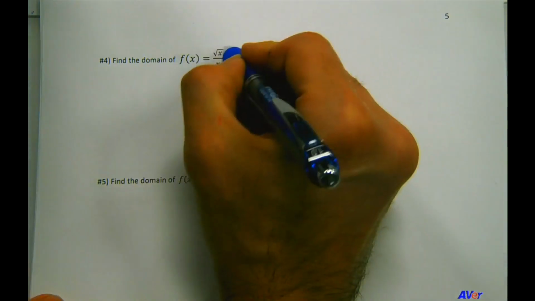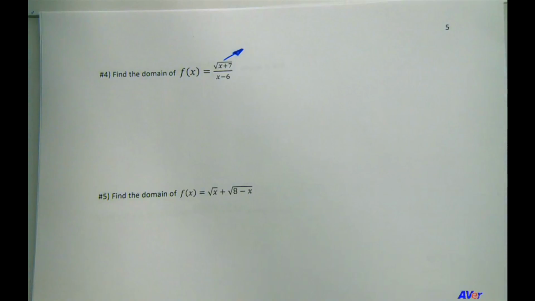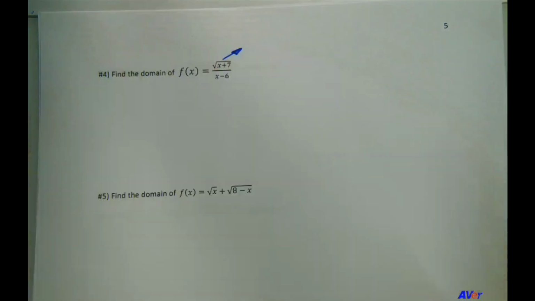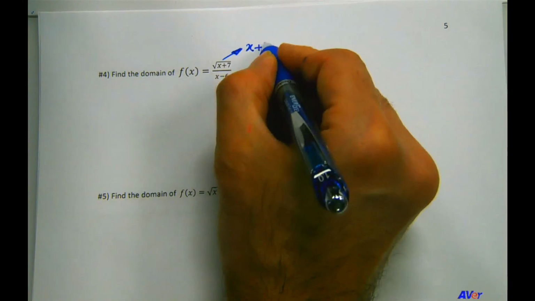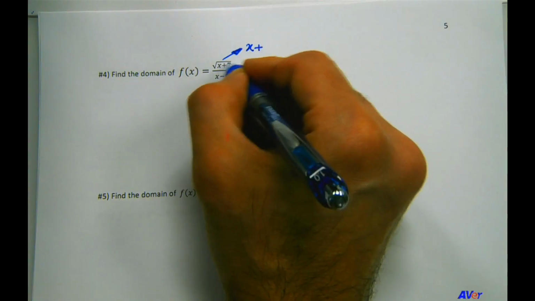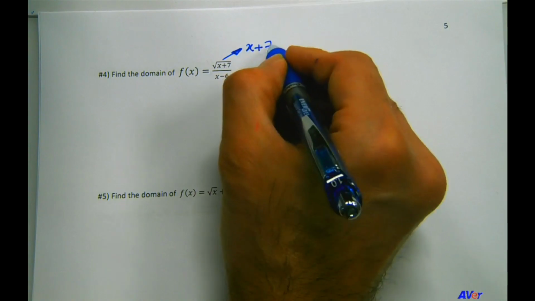So the numerator, this piece, we have a square root, right? Again, I'm hoping that you've already solved this on your scratch paper, and now you're here waiting for my solution, which is great. So x plus 7 cannot be negative. It can be 0, right, in the numerator. It can be anything positive, but it cannot be anything negative.